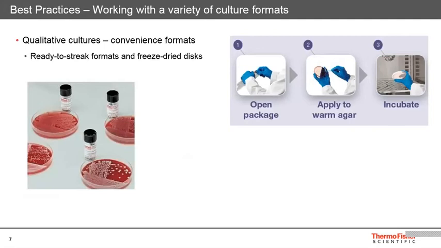As you would expect from a convenience format, you would simply tear open the pack, streak onto the plate, and incubate according to the instructions provided. These convenience cultures also come as freeze-dried discs, such as the Ramelbacter discs. You would pick a disc from the bottle, apply it on the agar, and streak.